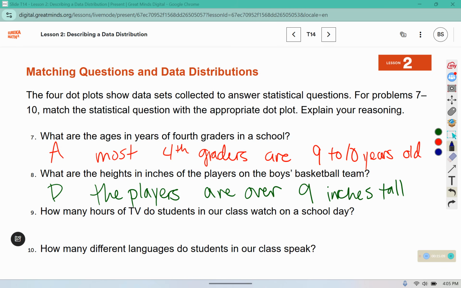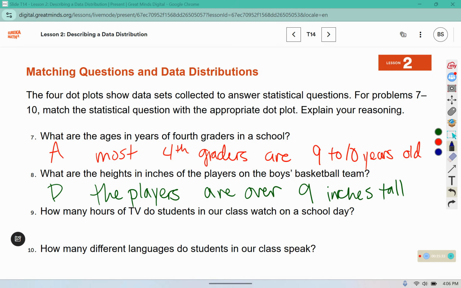9, how many hours of TV do students in our class watch on a school day? We still have dot plot B and C to choose from. In a school day, you're at school for quite a while, and then you sleep part of your day.